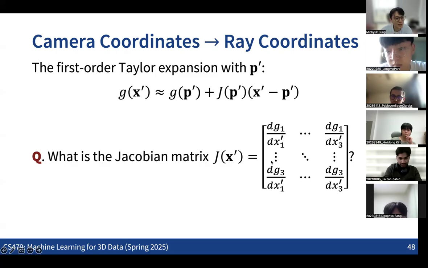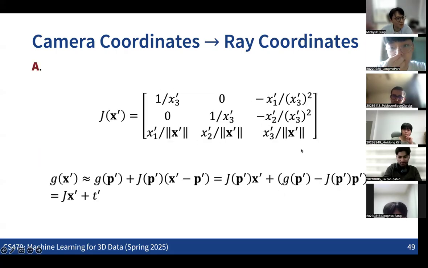And you can see that we have this form, right? We take the gradient of x1 over x3 with respect to x1, and then we get this. The same thing, taking the gradient of x1 over x3 with respect to x2, and then we get 0, just like this.